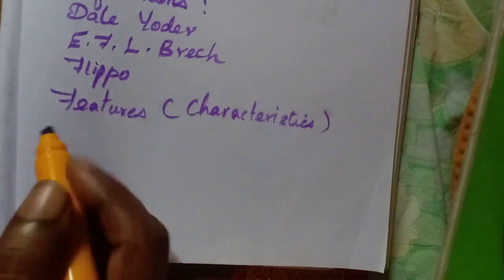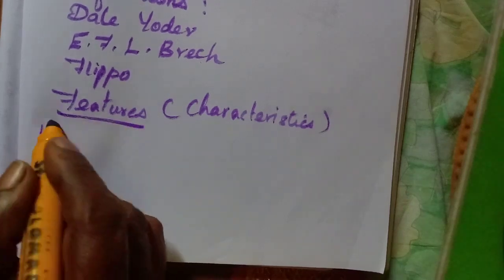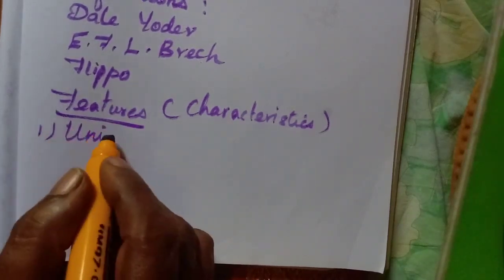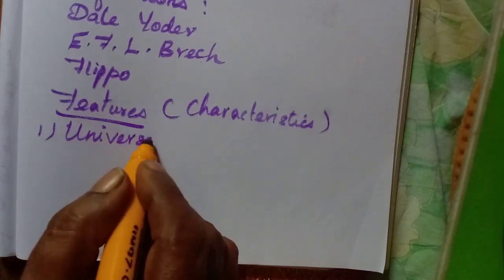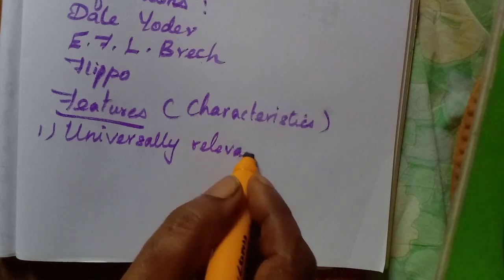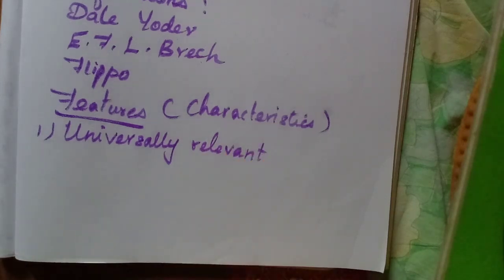The first point in features is universally relevant. Universally relevant. That means universal importance is there. Everywhere, throughout the world, we have organizations and people are working, isn't it?